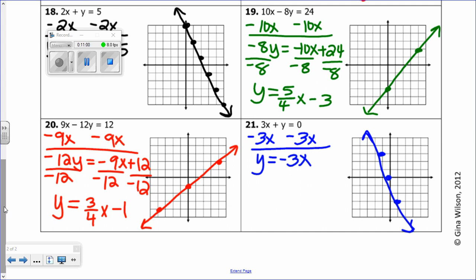So we start our y-intercept at negative 1, and then we're going to do a slope of rise 3, run 4. So up 3, right 4. Number 21, we get y is equal to negative 3x. Because our y-intercept is 0, we're going to plot at the origin, and then we're going to go down 3, right 1. And to go to the other side, I went up 3, left 1. Okay? All right, so that's all for your notes.